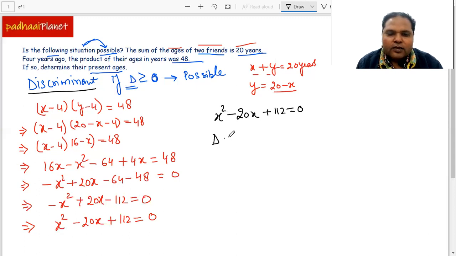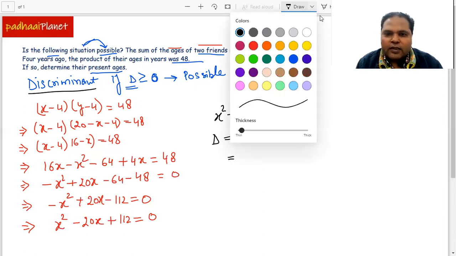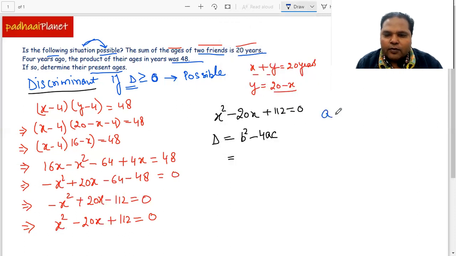Now D is equal to b square minus 4ac. Simple. If we compare this particular equation, we can easily say that a is equal to 1, b is equal to negative 20, and c is equal to 112. Let's put all these three values into this formula.